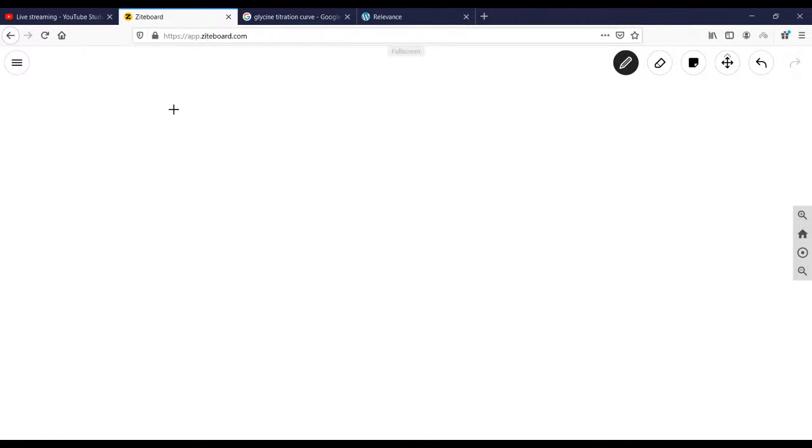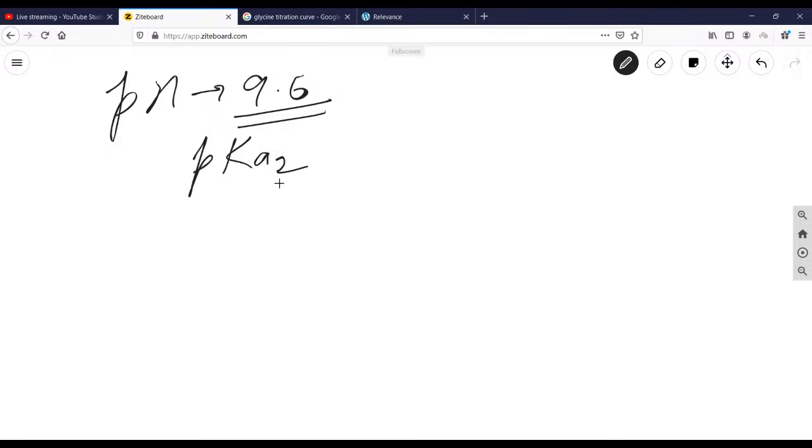Now when you are going up in the pH, when you have reached a pH of 9.6, which is the pKa2, you will have protonation and deprotonation.